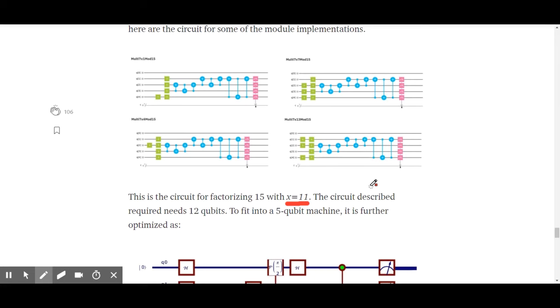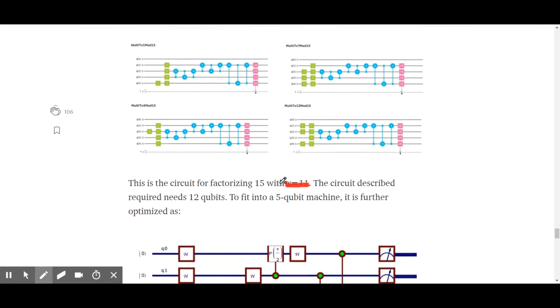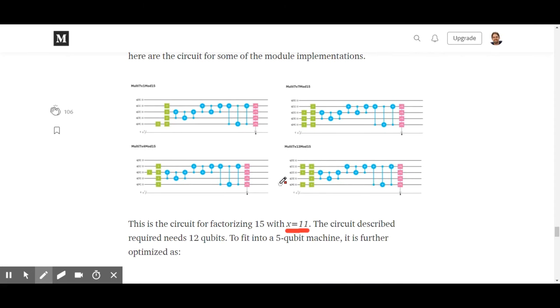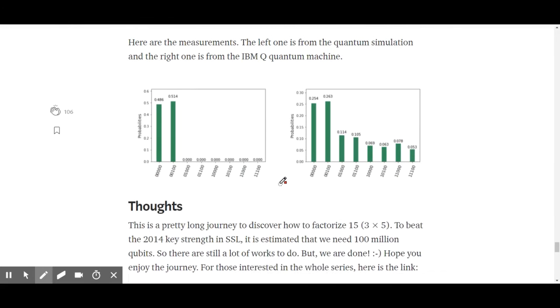Example. This is a circuit for factorizing 15 with x equals 11. Right. Well, yeah, but.